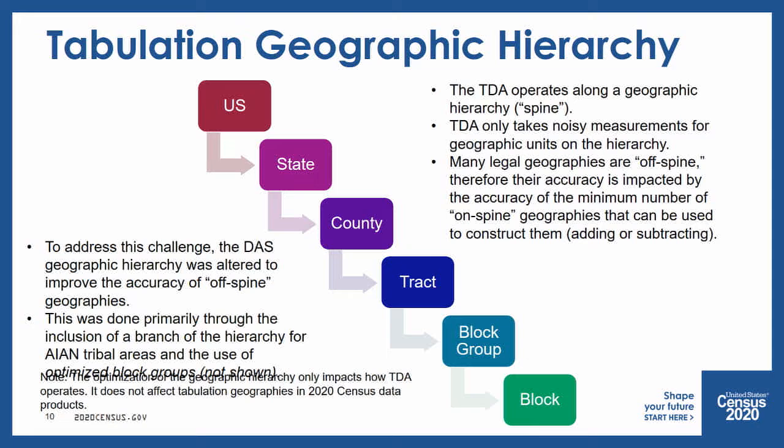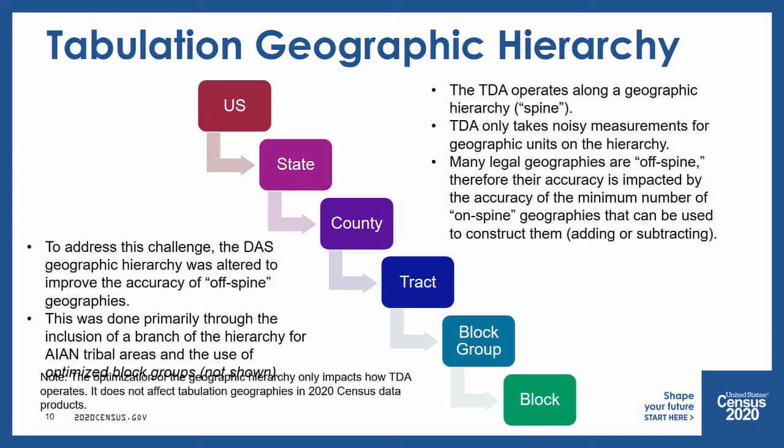How many on-spine entities do you need to add or subtract in order to get that geography that falls off the spine? Examples of these off-spine geographies could be anything from school districts to congressional districts, city council districts, etc.